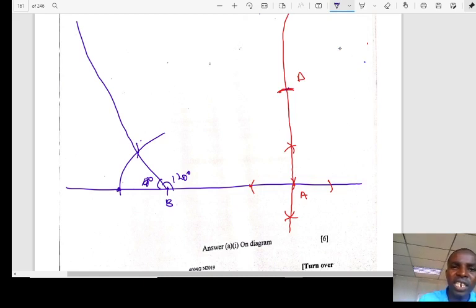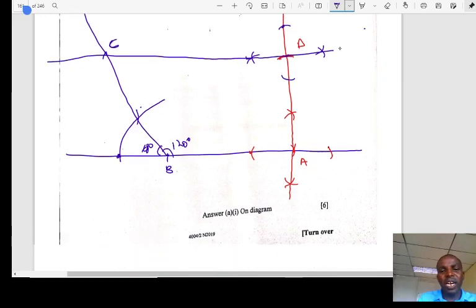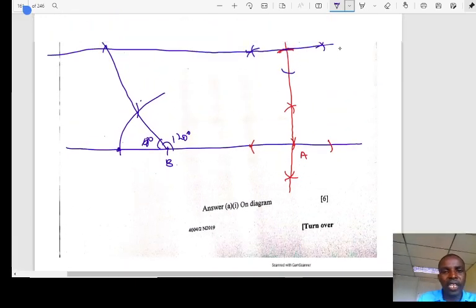So you come at D, then you mark your line here at D, then you mark up here, you mark down here, then you come at this point, then you join, then you find your ruler, then draw a long line. Where these lines meet, that's where there is C. Then that's a quadrilateral. How many marks? These are 6 marks. These are 3 marks.